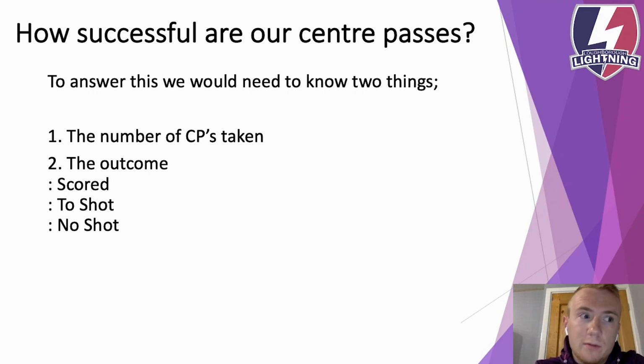So it gets right the way through, however many phases it takes to get there, and it is scored from that shooting opportunity. Other coaches, other players might say that actually a successful center pass is just one that gets to a shooting opportunity, regardless of it being scored or not. So the distinction between what you class as successful is really important.